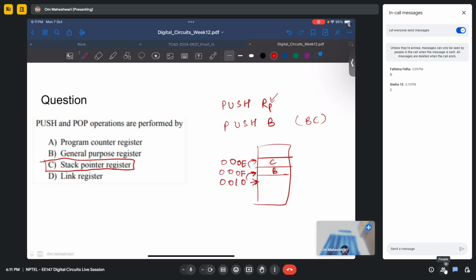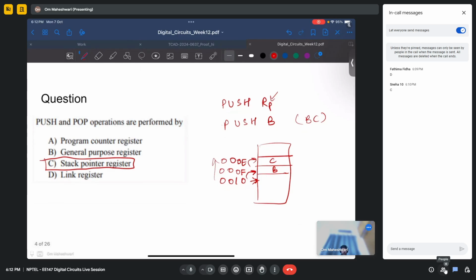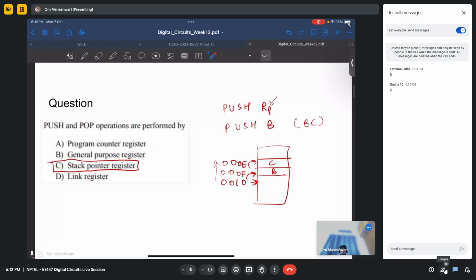So in one push, it decrements 2 times and stores the contents of B and C register pair. The opposite happens in pop. Anyways, we will see more examples of this. So push and pop operations are performed by the stack pointer register. I hope this is clear to all.